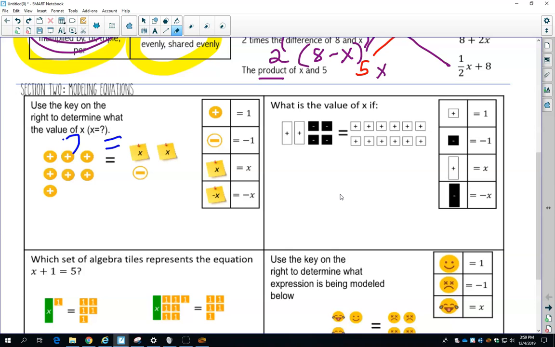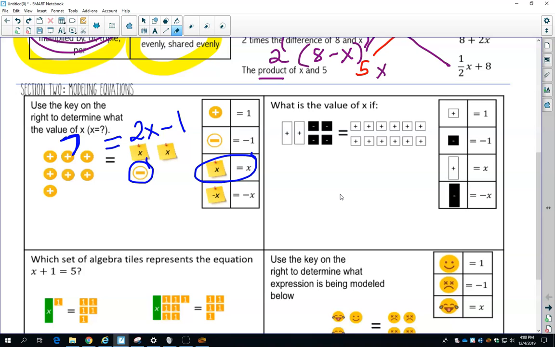And then on the right side, if we look at our key, we have 2 x's. And then we have a -1. So that's -1 or plus -1. So again, this is 7 is equal to 2x minus 1.